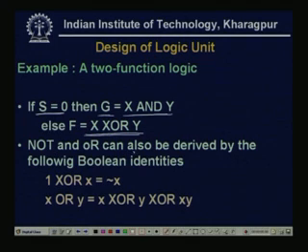NOT and OR can also be derived by the following Boolean identities, that is, using these XOR and AND.